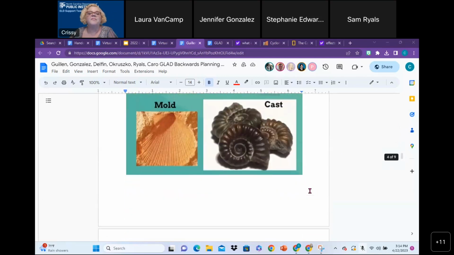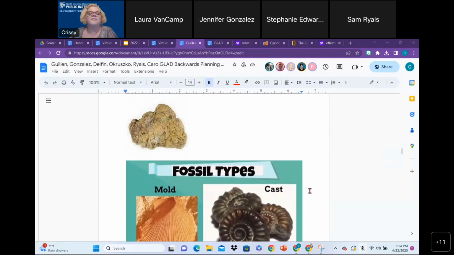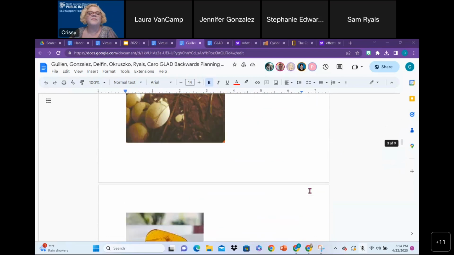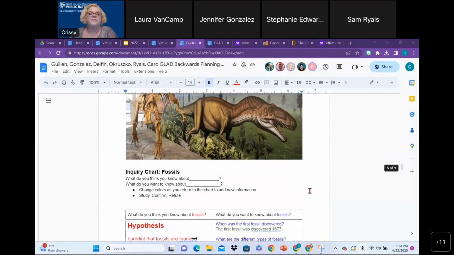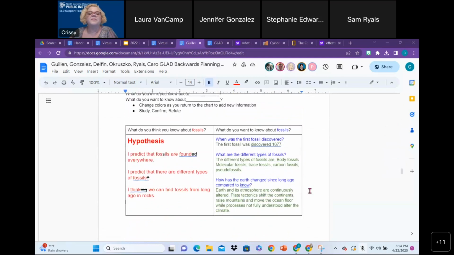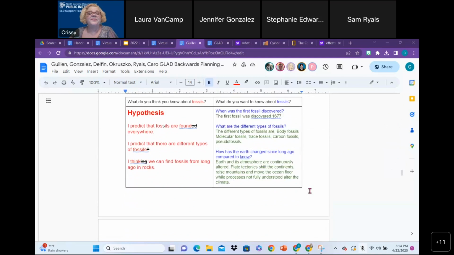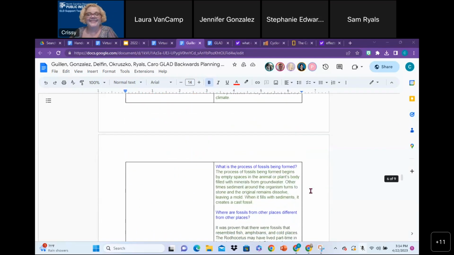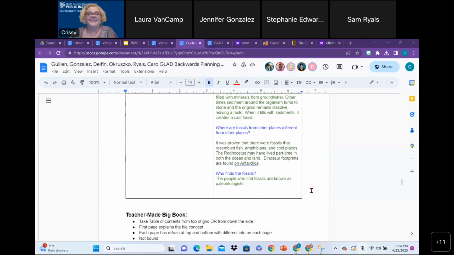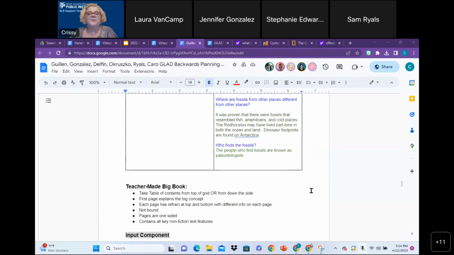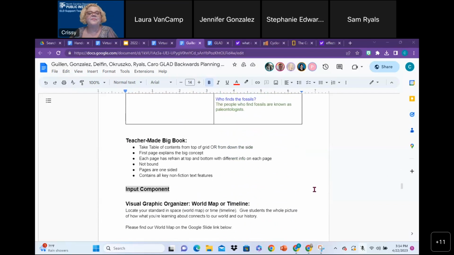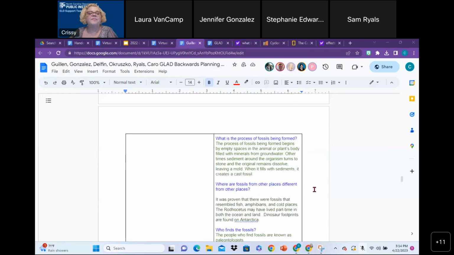And then we went on with the inquiry chart, where we predicted what would happen, and we placed information that answered those questions. And we also, if you could please click the link for the world map.